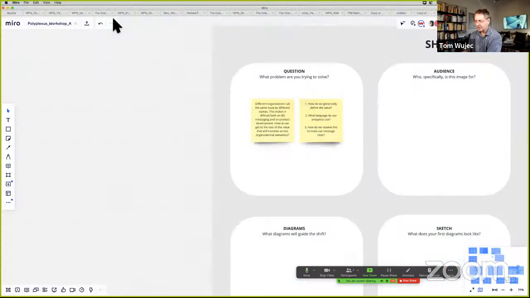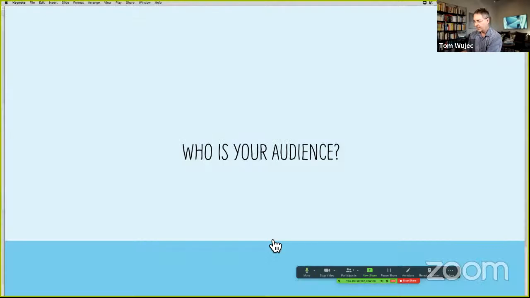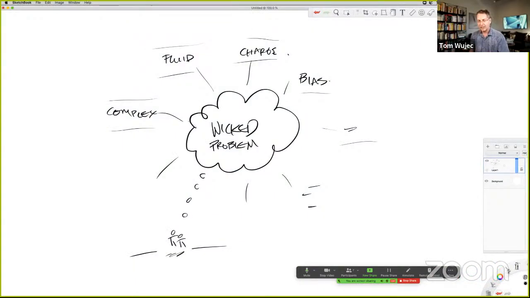And it's strange, I had a graphic in there. Okay, I'll just go to a single diagram.